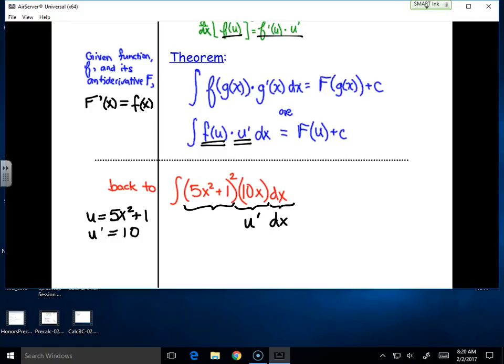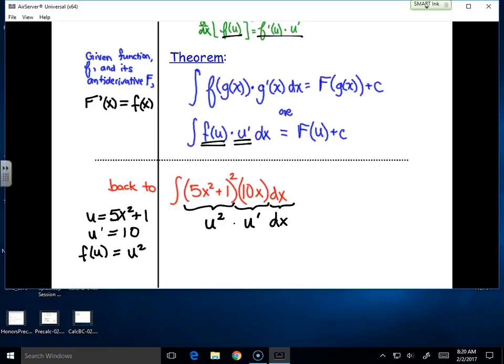So we can put u, but not just u is there. There's a squared on the outside of it. So we could say f of u is u squared, right? F of u is u squared.